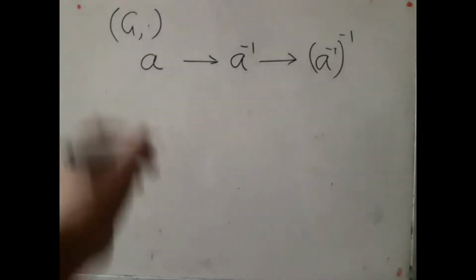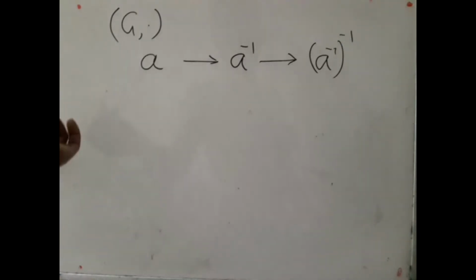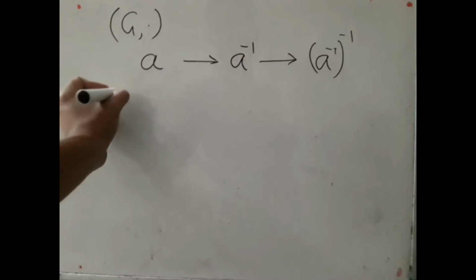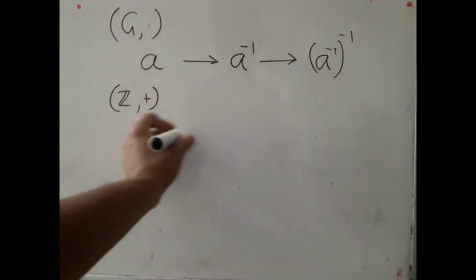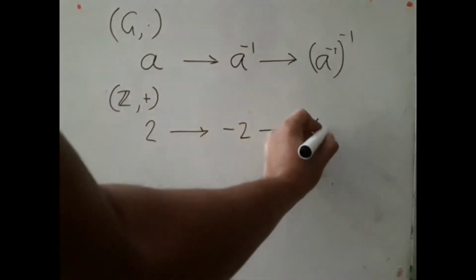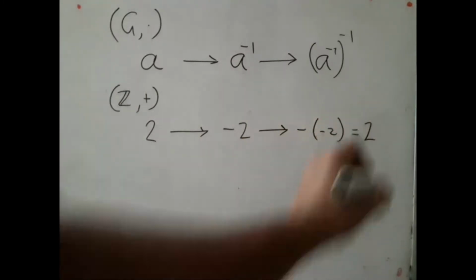Like if you are working with say R and plus, or say Z plus, and the element is 2, we know that its inverse is minus 2, its inverse is minus of minus 2, and that is 2.